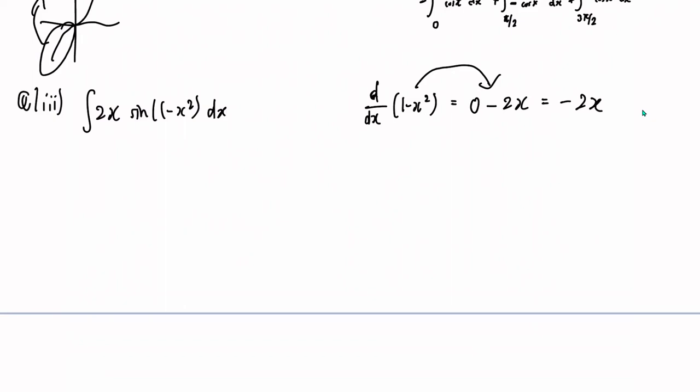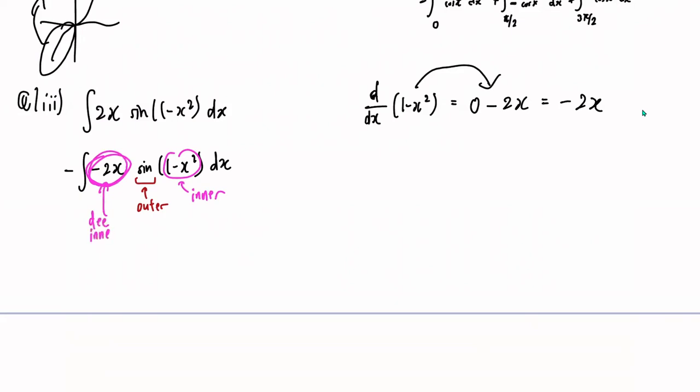Okay, good. Then here you have a 2x. So what I'm going to do is multiply both sides by -1. So minus negative 2x times sine of 1 minus x squared. Then you need to know that this is the form where you have an outer function here, then, in pink color, an inner function here, and then a third piece, which is d inner, the derivative of the inner.